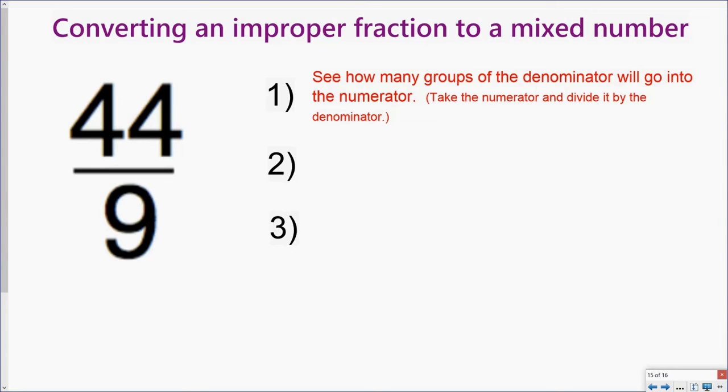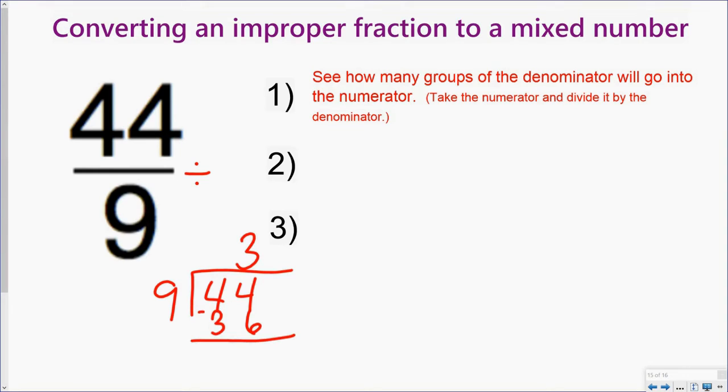Think of it as 44 divided by 9. And 9 goes in there 4 times evenly, which gives me a total of 36. So if I subtract those two, I get a difference of 8.